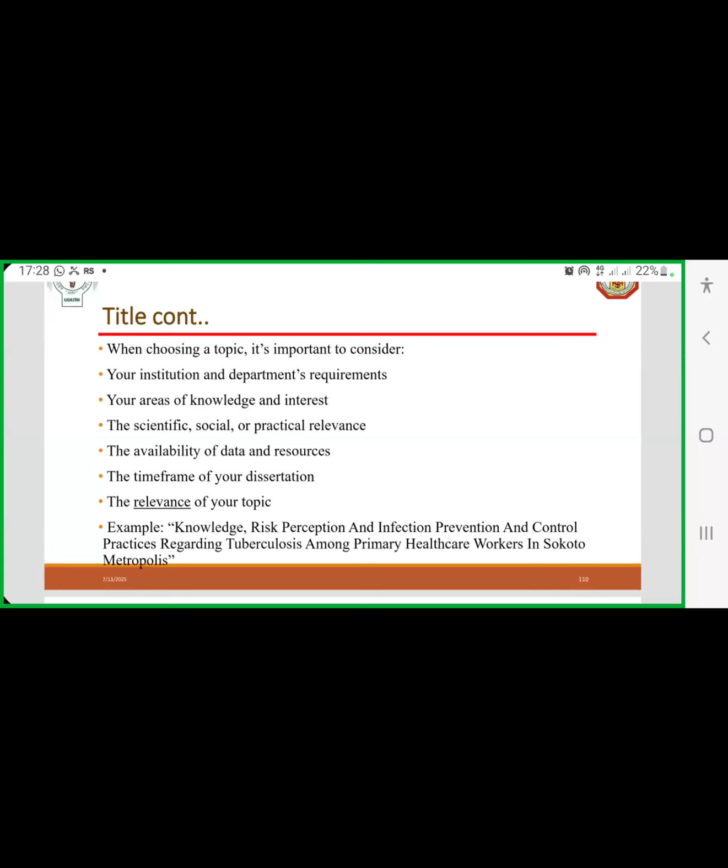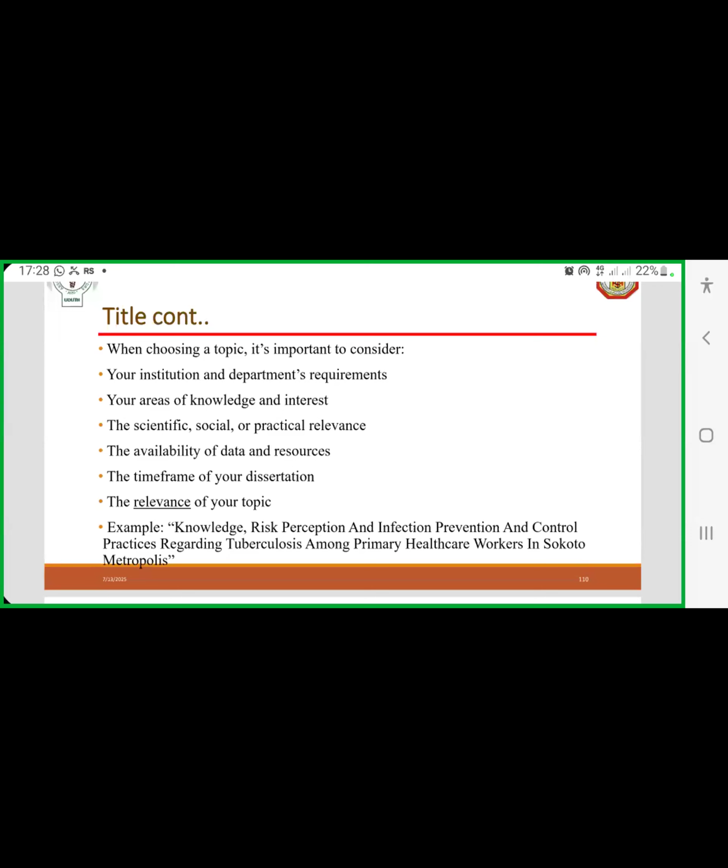Then your area of knowledge and interest. Your title should be in the area where you have interest. For example, you are in internal medicine and you think you want to specialize in cardiology. So you should have your own topic under cardiology.